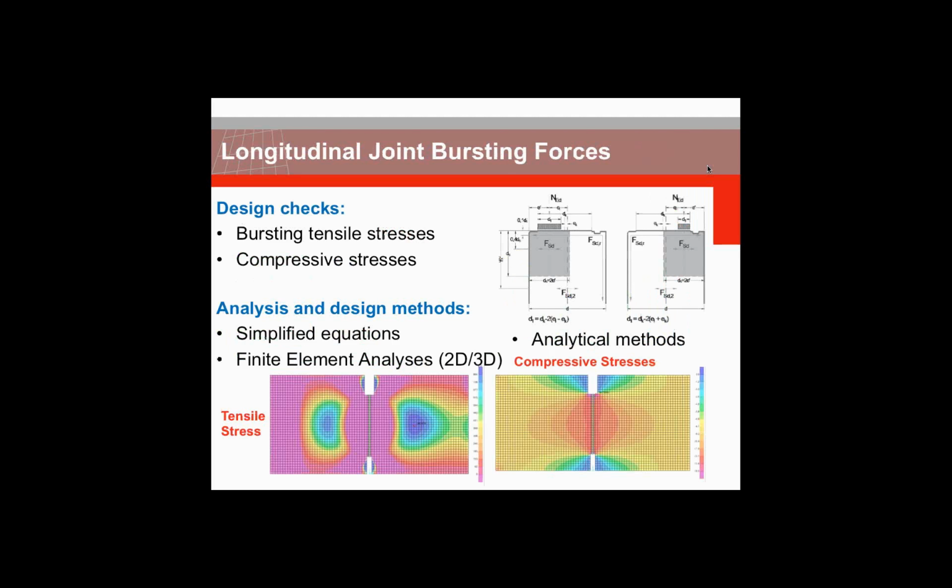Another load case is longitudinal joint bursting forces. This load case is very similar to the load case of TBM action. Here is the maximum axial force and bending moment developed from the ground and groundwater loading case. Only longitudinal joints are used.